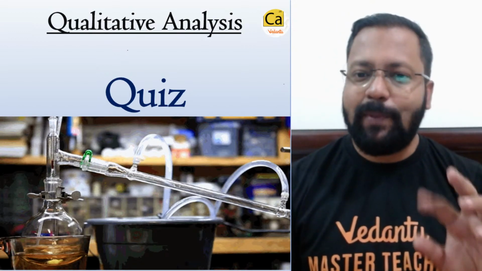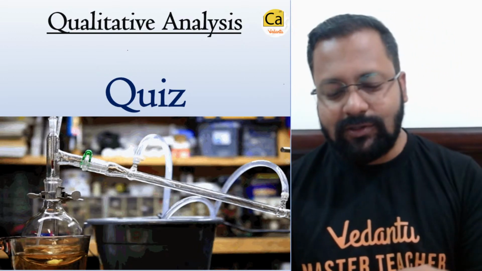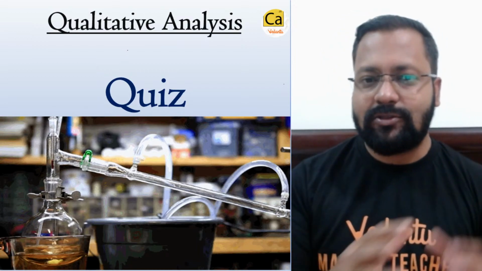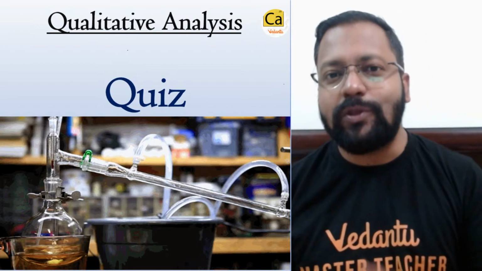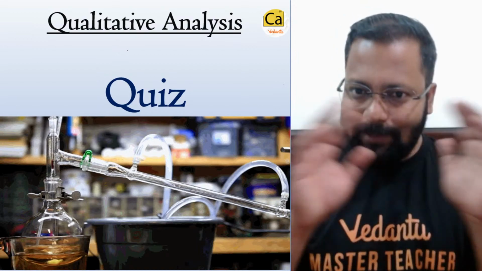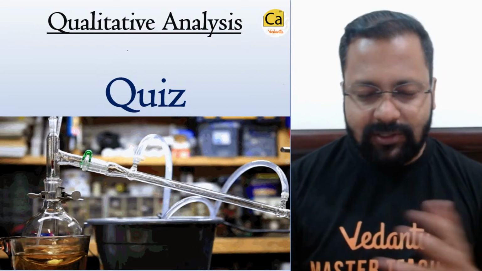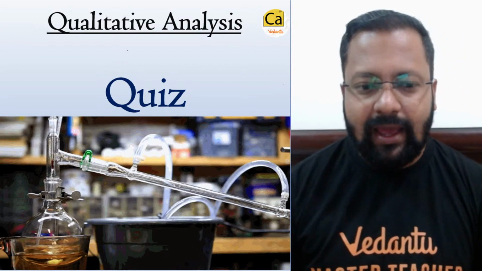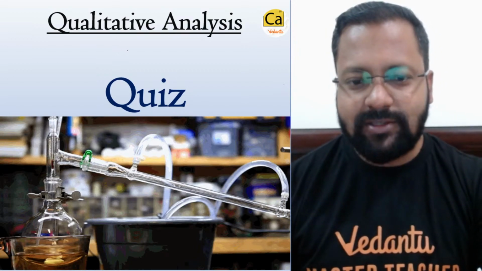Before that, we had discussed analysis of anions, analysis of cations, how to identify the various tests to know which cation is present, the respective colors, and which groups they belong to. To sum up the whole chapter, we will have this quiz. I hope you guys are ready for this, and let's start today's session with our first question.